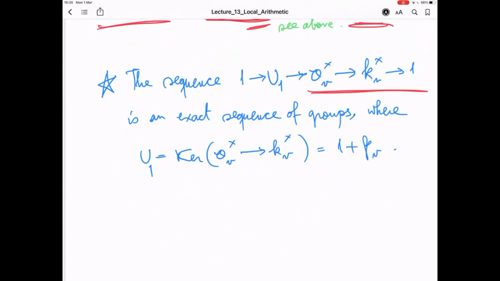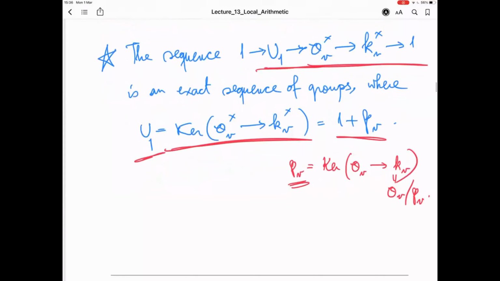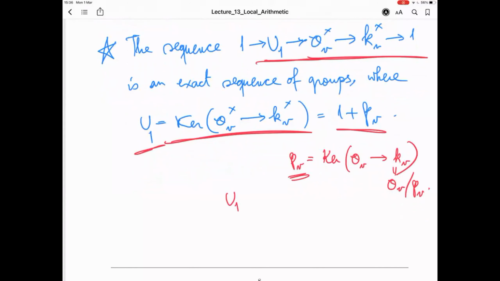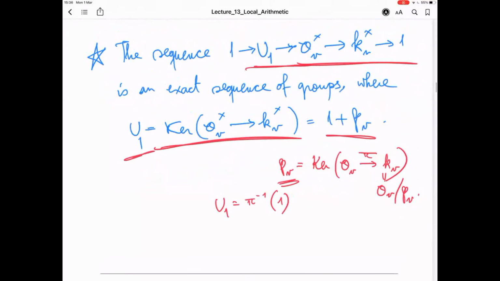So we have proved that this here is surjective, and the kernel by definition is U1. U1 is the kernel of this map. So it can also be written as 1 plus PV, because PV, of course, is the kernel of the map from OV to KV, because KV is OV modulo PV. So the kernel is exactly PV. And if I call this map pi, then U1 is the inverse image of 1, the element 1 in KV.